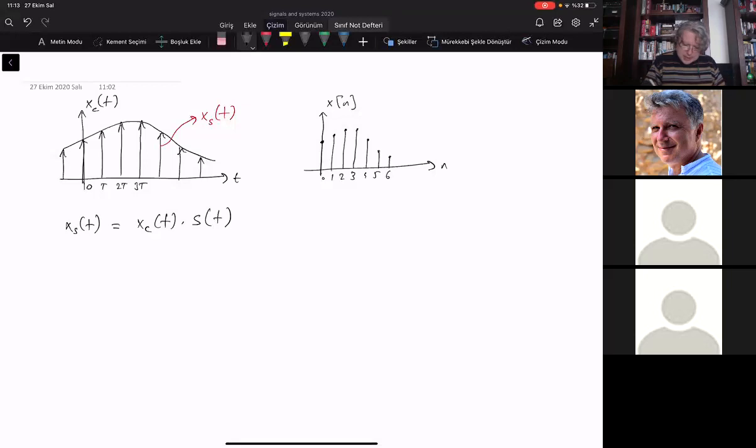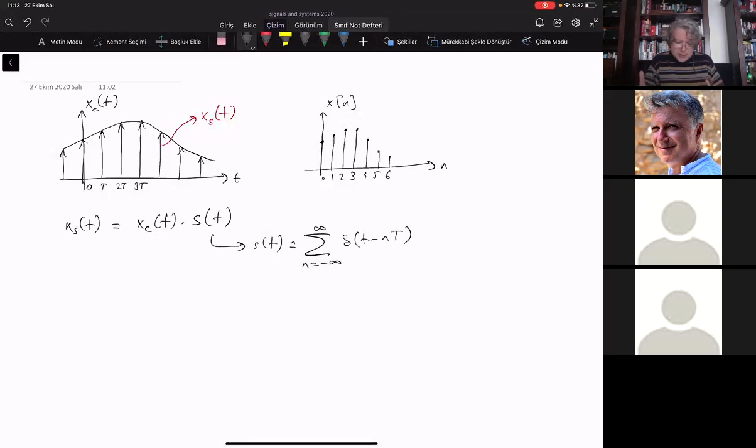And it has a definition. It's a multiplication that I'm writing here. The definition of S of t is an impulse train, as I say, consisting of infinitely many impulses separated by capital T. So it is an infinite summation from minus infinity to infinity of delta of t minus n times capital T. This is the impulse train.